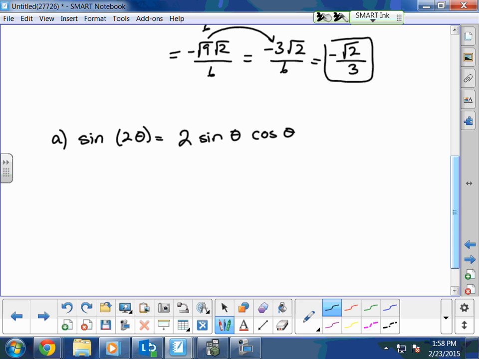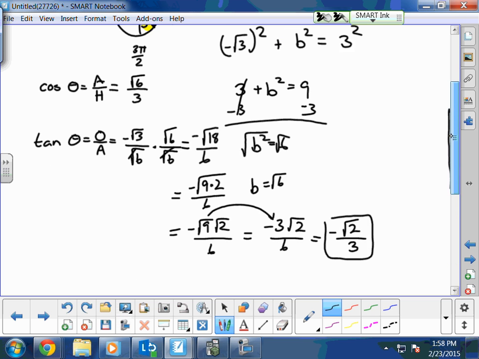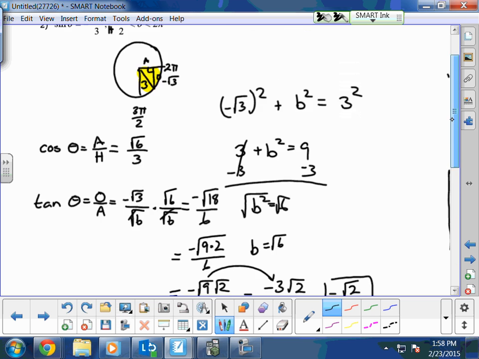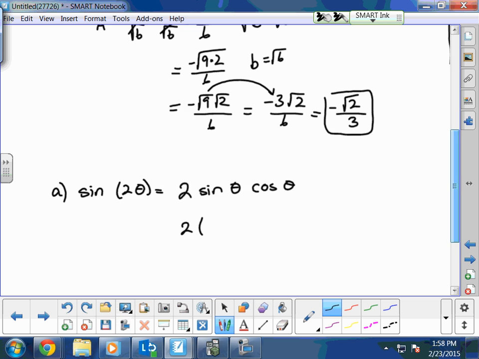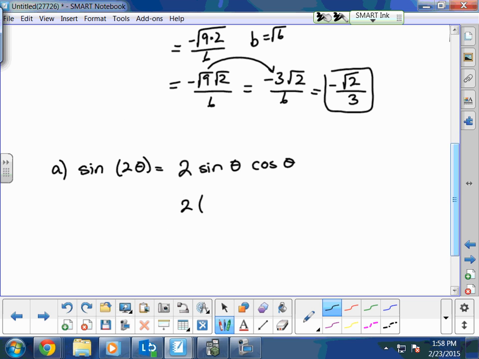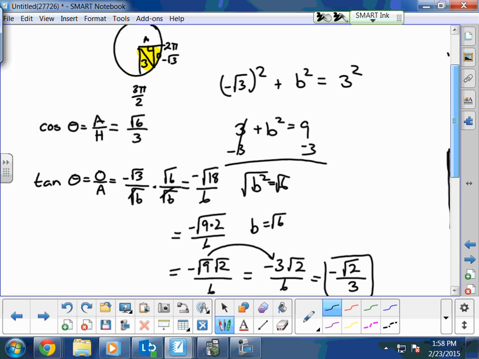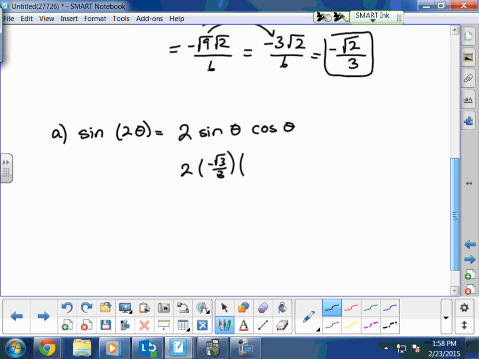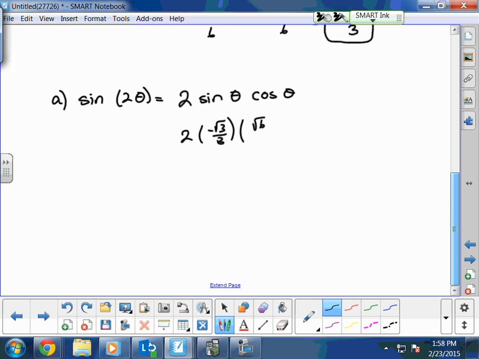Sine theta I've been given already. I have 2 times, let's see, it's negative square root of 3 over 3. And cosine theta is going to be negative square root of 6 over 3.